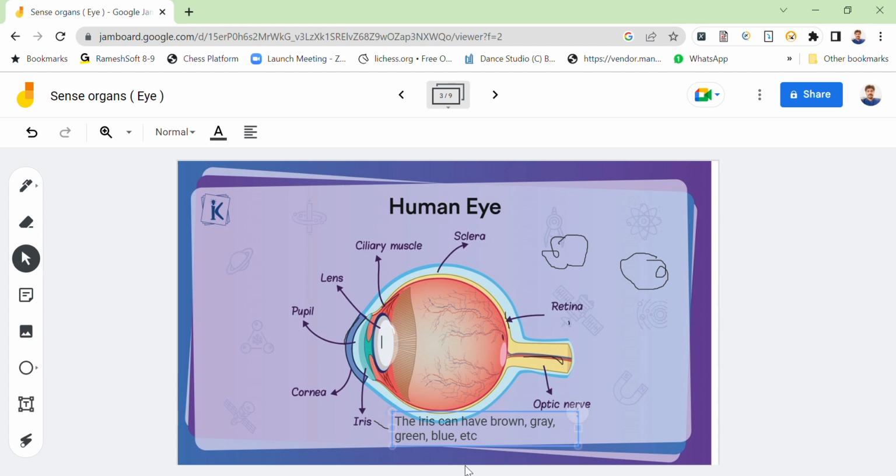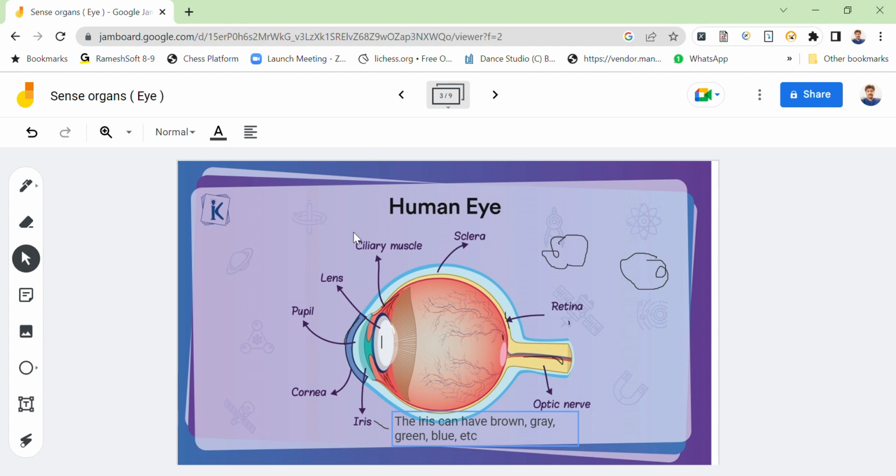Now let's come to the ciliary muscle. The ciliary muscle is simple. Its job is to maintain the structure of the eye. Our eye is an oval-shaped structure, so the ciliary muscle maintains its shape.